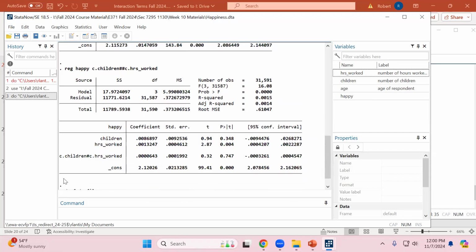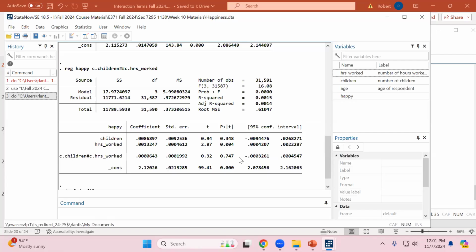So that's one indicator that there isn't this interaction relationship between these two variables. Also, the coefficient on my interaction term has a p-value of about 0.7. I can't say this is statistically significant at any reasonable level. So it appears in this second regression that there really isn't an interaction, that the marginal effect of having another child or hours worked really don't depend on each other.